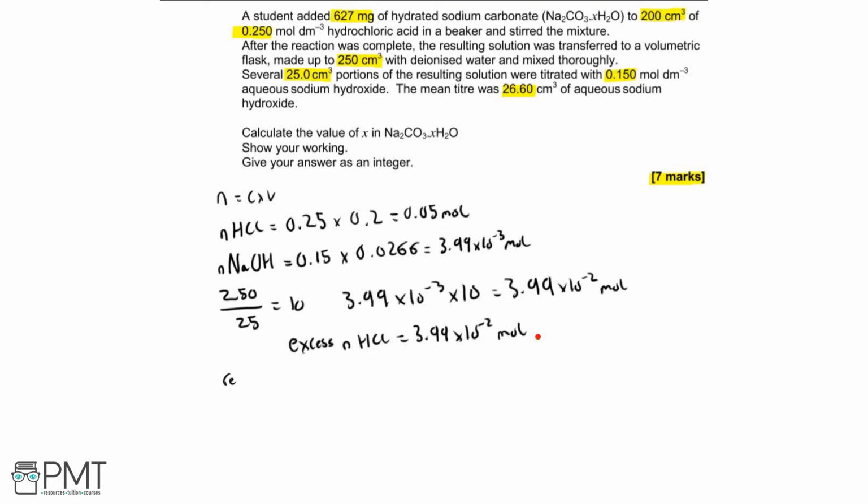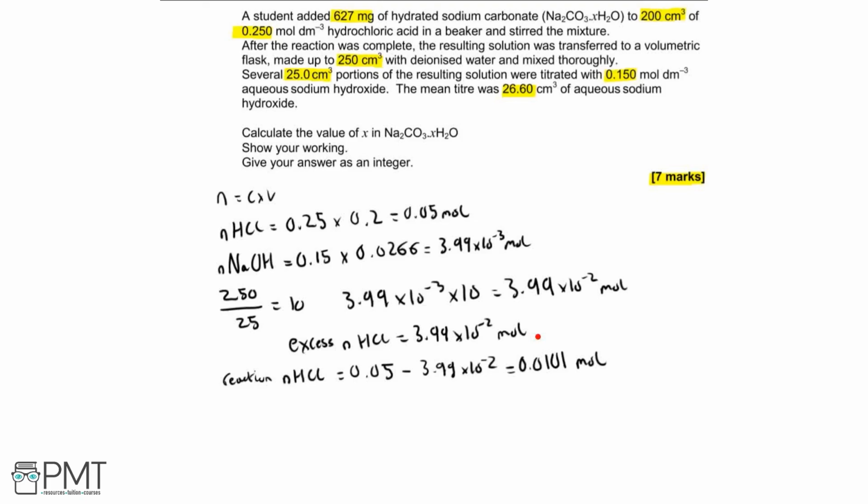So the reacted moles of HCl is equal to the total moles of HCl, which is 0.05, subtracting the excess, which is 3.99 times 10 to the minus 2, which gets us a value of 0.0101 moles that actually reacted with the hydrated sodium carbonate.